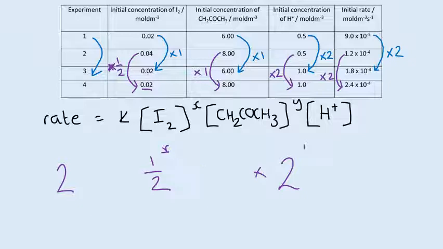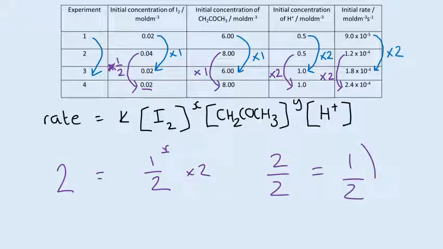So what we've got now is 2 is equal to a half to the power of x times 2 to the 1. 2 to the 1 is 2. So I'm going to simplify this down a little bit: a half to the power of x multiplied by 2 is equal to 2. So 2 divided by 2 is equal to a half to the x.